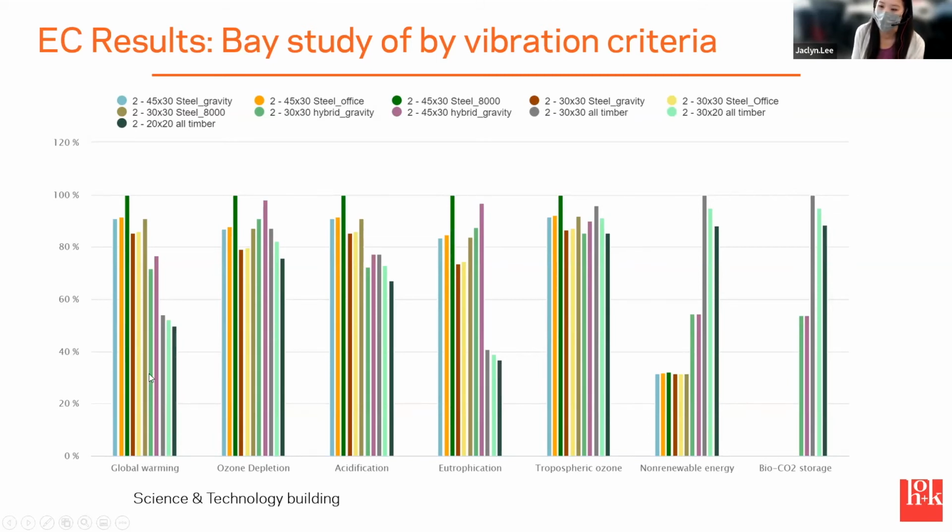We usually focus on global warming potential, but you do want to look at all of them, especially when it comes to LEED, seeing how even though maybe hybrid, this gray, is quite low, it does jump up in terms of non-renewable energy and biocarbon sequestration. Yeah, the biogenic carbon storage is a good indicator.